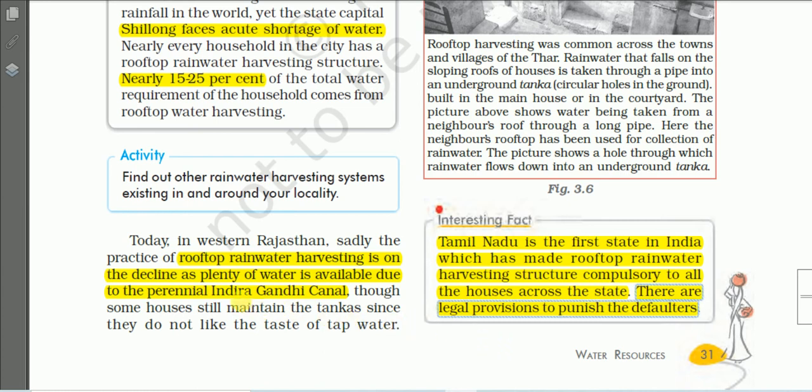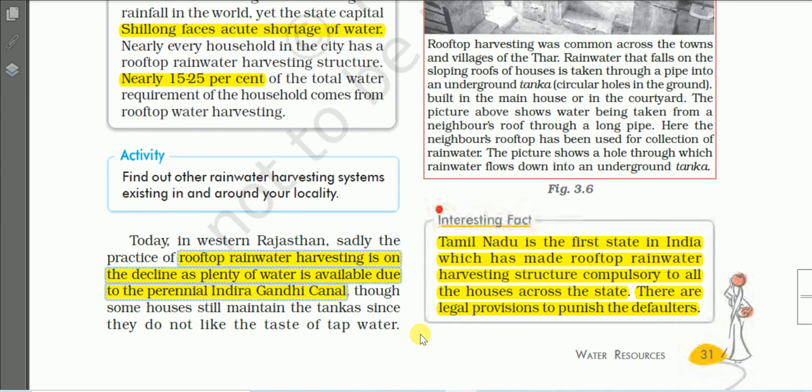Today in western Rajasthan, sadly, the practice of rooftop rainwater harvesting is on the decline as plenty of water is available due to the perennial Indira Gandhi Canal. People get enough water from that canal for different purposes, and that is why rooftop rainwater harvesting is on the decline.